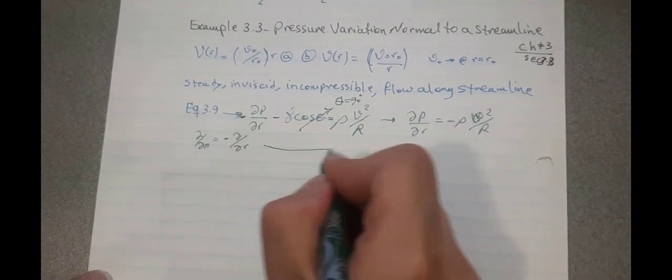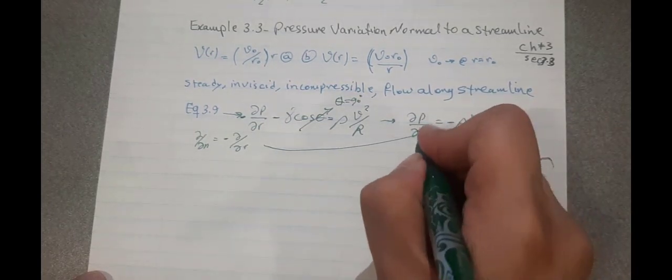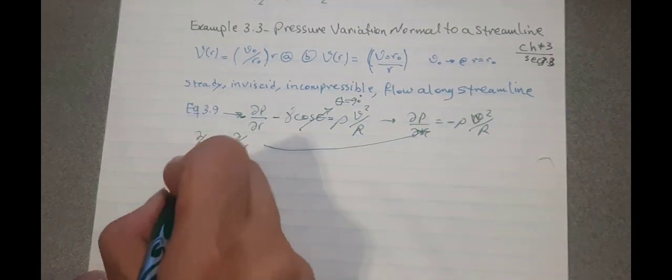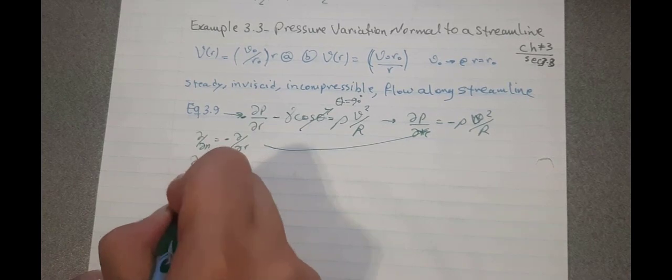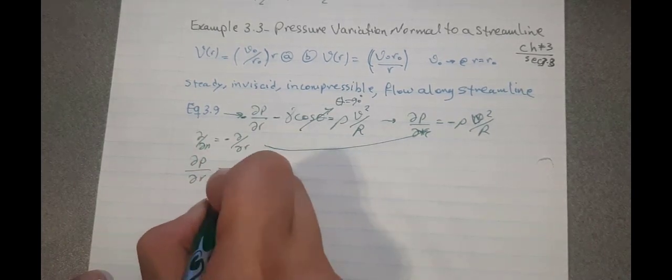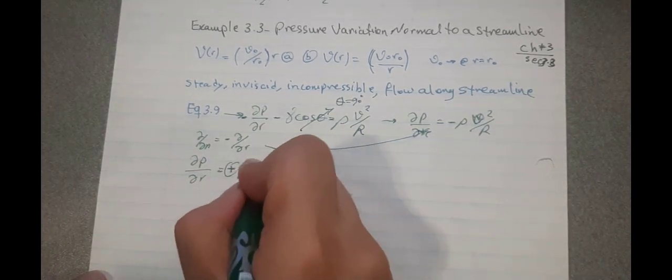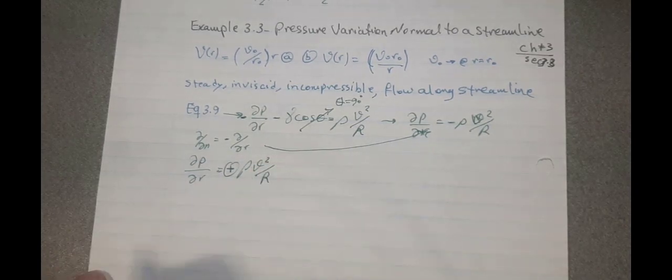So we can have it as ∂p/∂R equal to plus rho V squared divided by R.